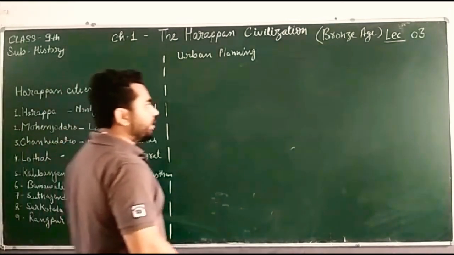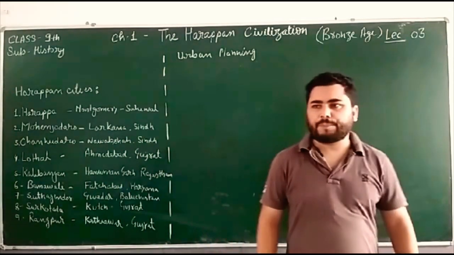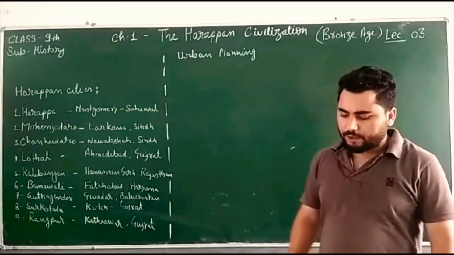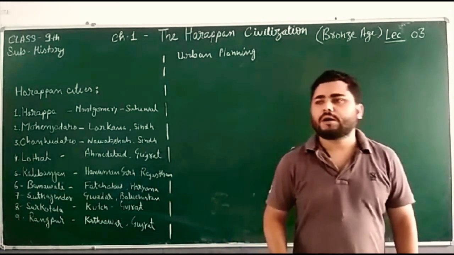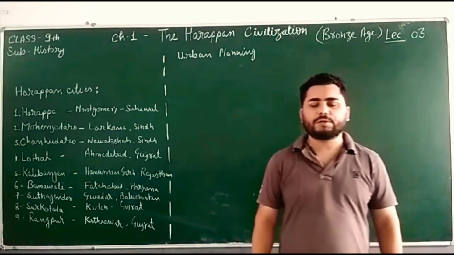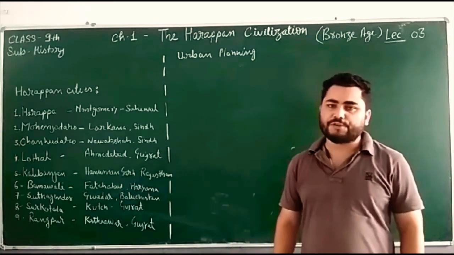Today is our third lecture of chapter number 1, the Harappan Civilization. Today we are going to study about Harappan cities in brief, and then we are going to study about the town planning and its features.